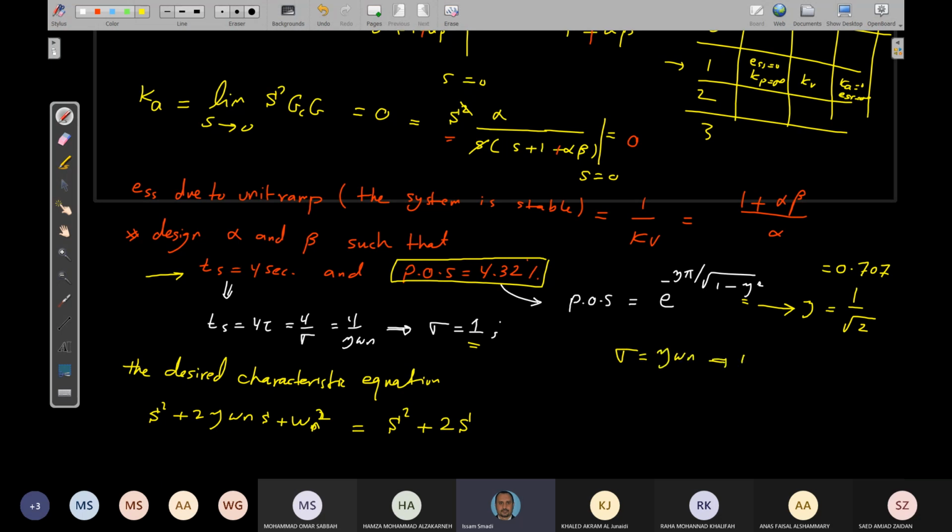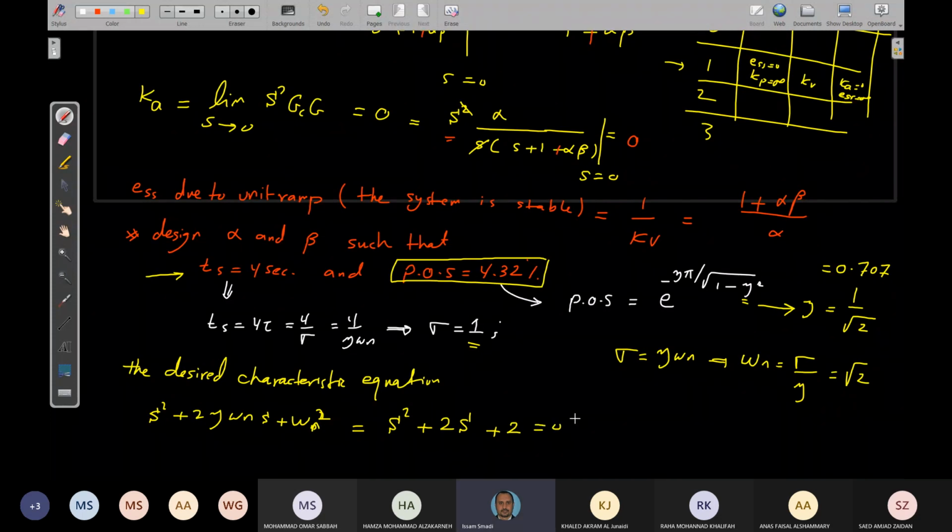So if I need to calculate omega n, this will be sigma over zeta, and this will be square root of 2 actually. So 1 over square root of 2 gives square root of 2. So omega n square equals 2.